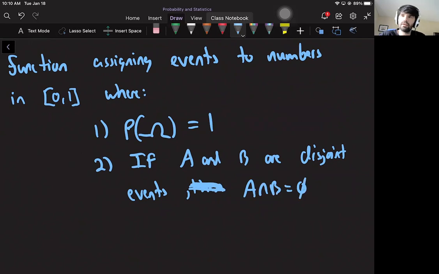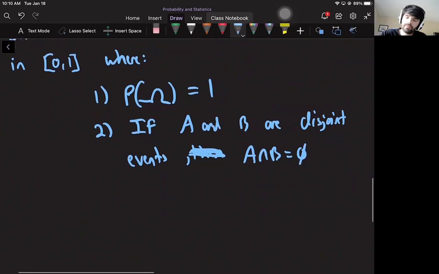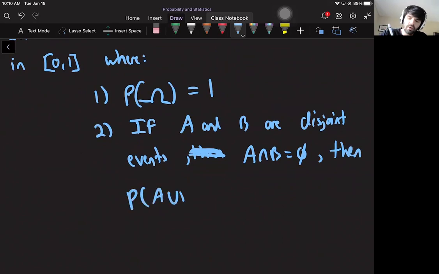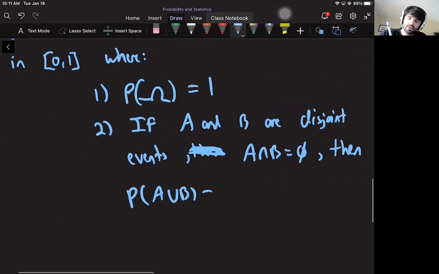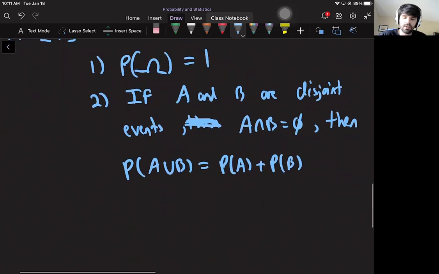This is the empty set. Then you should be able to calculate the probability of doing one of them or the other, like rolling a 2 or a 4 or a 6, by just adding up the probabilities individually. And that's what this is saying.